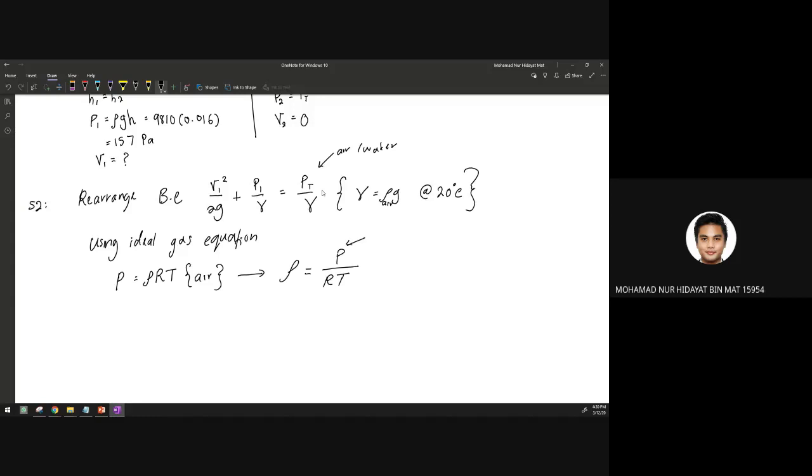When this is absolute pressure, we have to use the absolute pressure, which is P gauge plus P atm. This temperature is absolute.